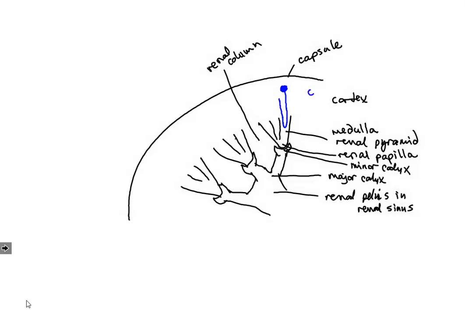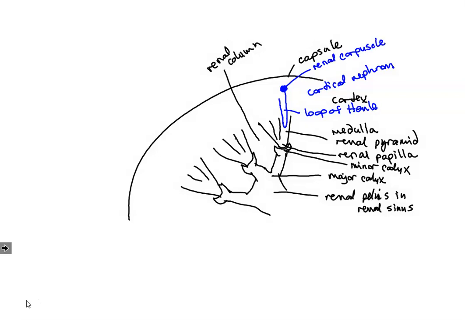So this is a cortical nephron. This loop of tubing is a loop of Henle. And this is really the renal corpuscle, which holds the glomerulus.